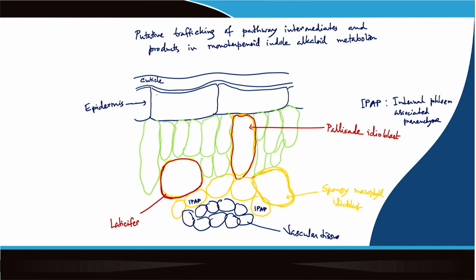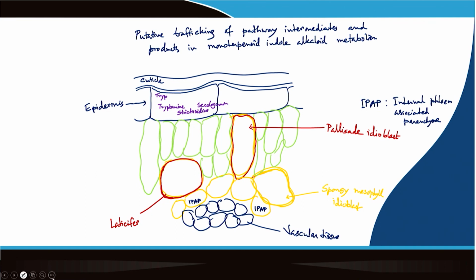The tryptophan makes tryptamine, joins with secologanin, makes strictosidine.